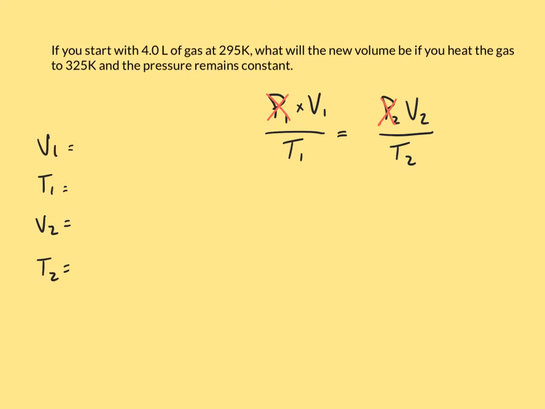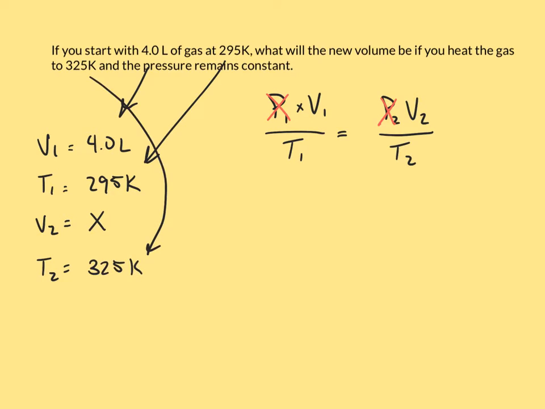And since I start with 4.0 liters of gas and 295 Kelvin, those are going to be my V1 and my T1. Now my new volume is what I'm going to be solving for, so I'm going to call that X. And my temperature is now 325 Kelvin. So now I take these numbers over here on the left and I substitute them into the formula, P1 times V1 over T1 equals P2 times V2 over T2.